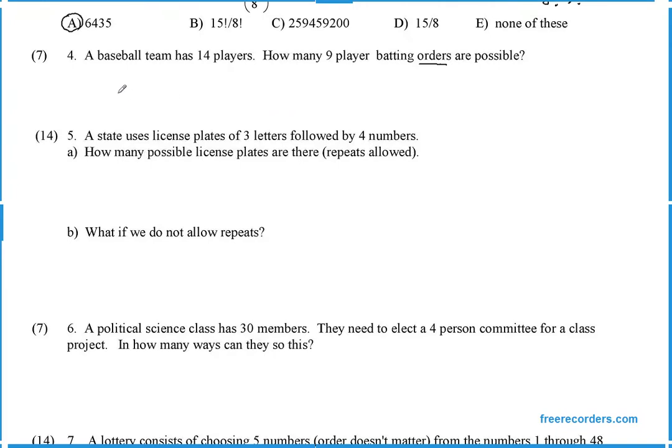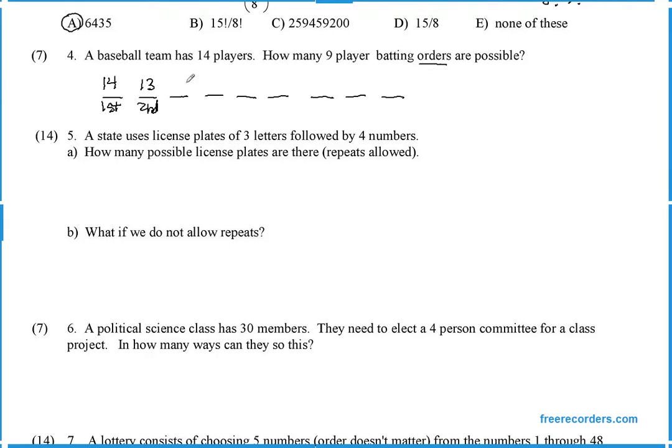So if we use the multiplication principle, then we've got 9 slots, 1 for each person in the batting order. And there are 14 players, so there's 14 choices for the first person in the batting order. And then they can't be used again, so there's 13 choices for who to pick second in the batting order.